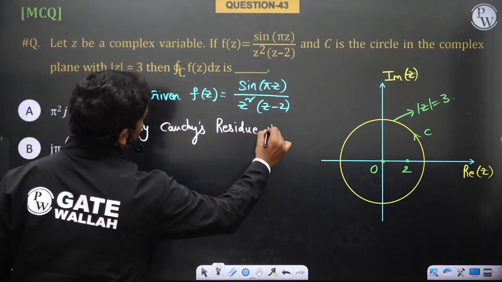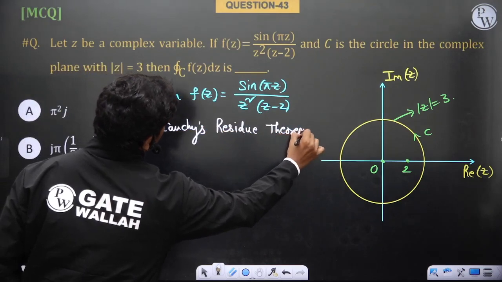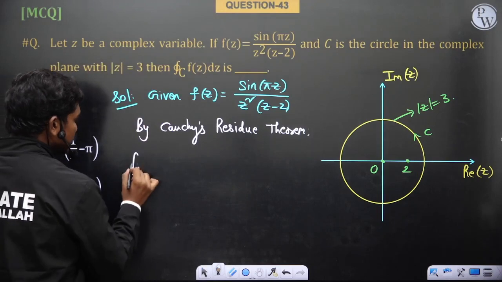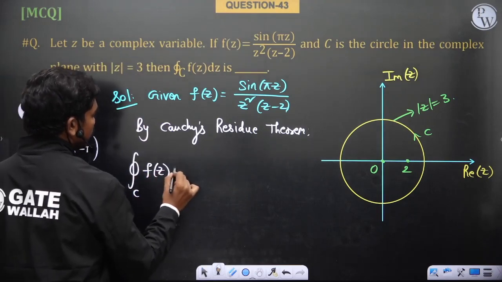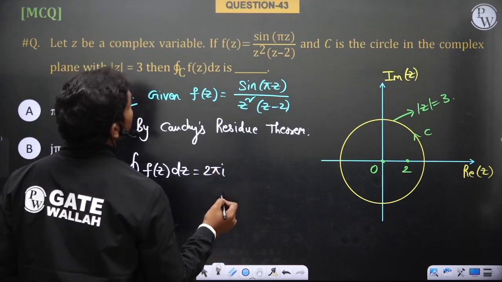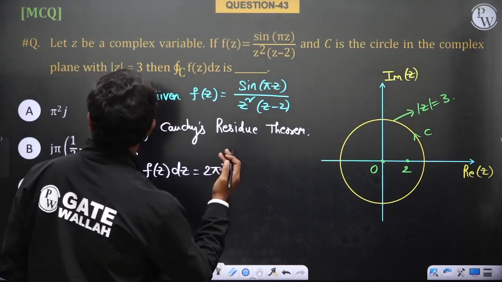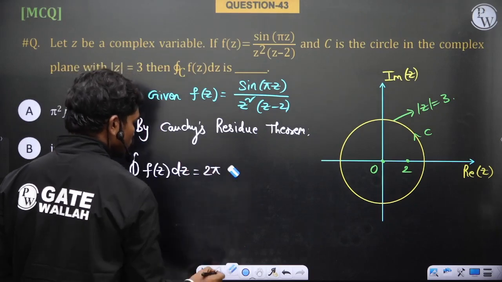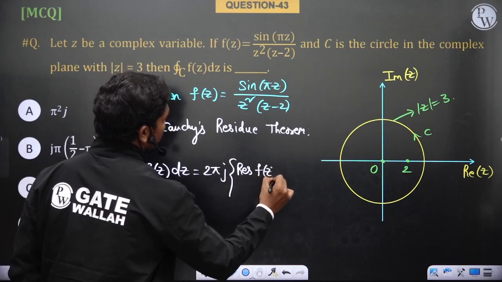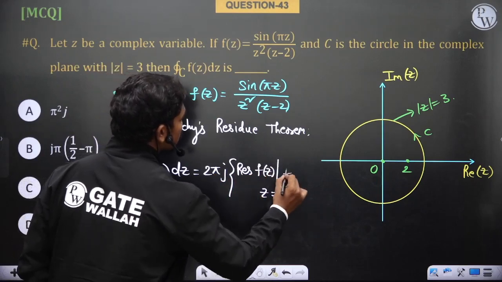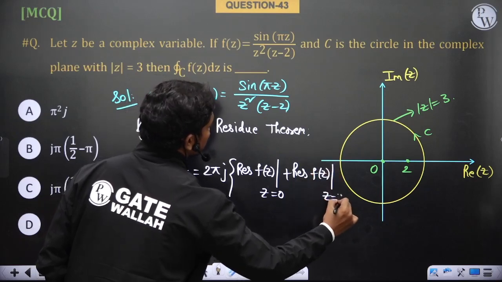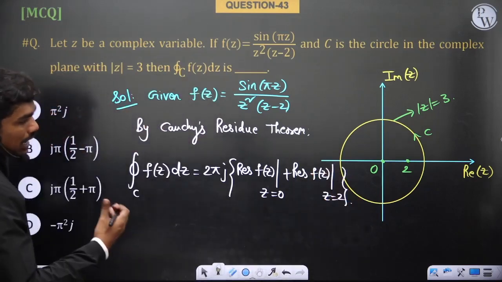So what we can have is the cyclic integral over c f of z dz is equal to 2 pi j times, they have mentioned j in the options, so 2 pi j times the residue of f of z at z is equal to 0 plus the residue of f of z at z is equal to 2. That's it. Now we have to calculate what the residues are.